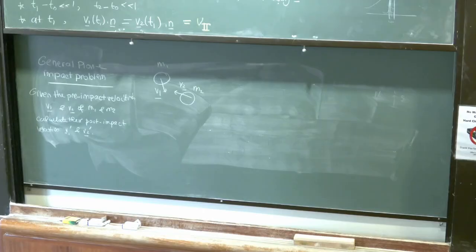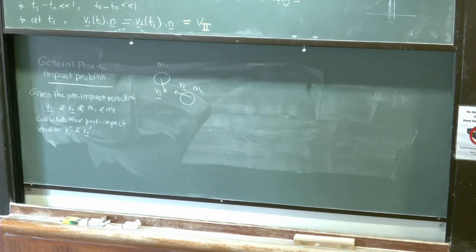Okay, so what do we think? What are some ways we can start to solve for the post-impact velocities? You could do a conservation of linear momentum for pre-collision and post-collision. For which system? For the entire system. For the entire system in any direction? Yeah, any direction.